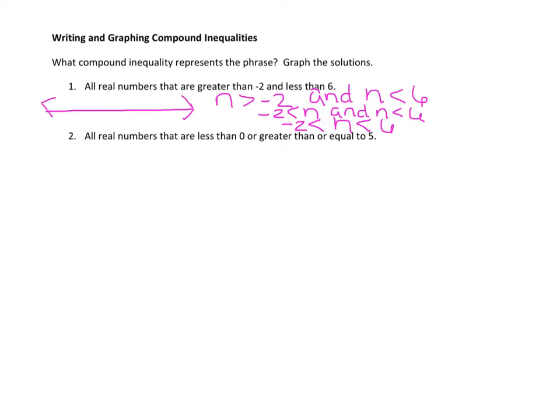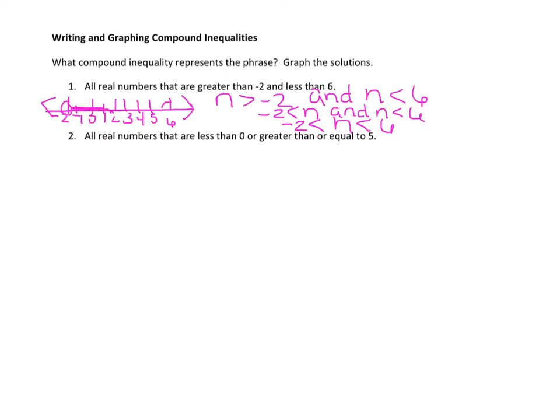Here's our number line. And we have -2, -1, 0, 1, 2, 3, 4, 5, and 6. And if n is greater than -2, I put that open circle and it's going to go to the right.